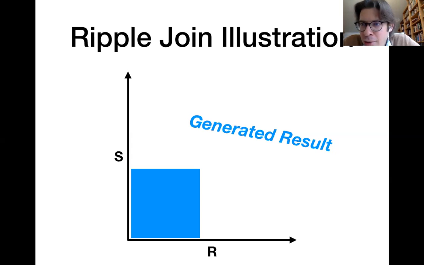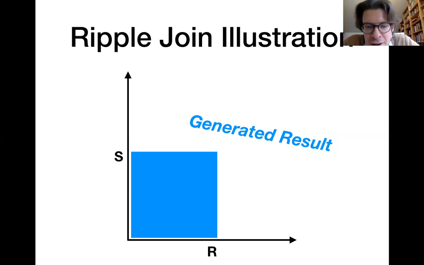We read the third page from R and the third page from S, and now we have the possibility to generate all result tuples that can be formed with the first 3 pages from R and the first 3 pages from S, and so on. So this is how the ripple join works. It alternates between reading inputs from both tables and thereby very quickly generates result tuples compared to the standard join algorithm. So this is a join operator that is optimized for online aggregation.